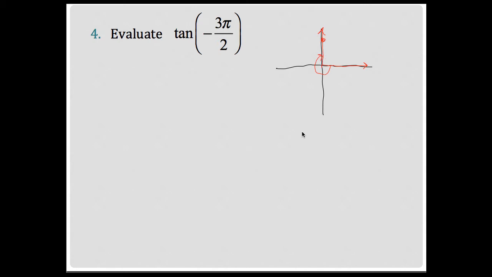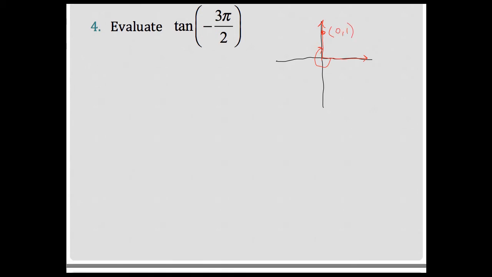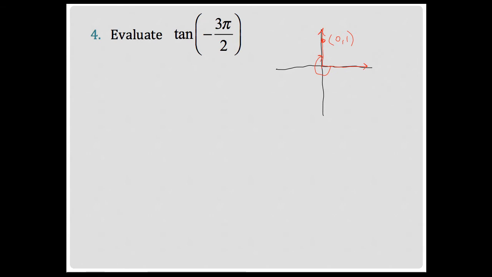When it comes to the quadrantal angles, we really don't think of those as having reference angles because it lies right on the axis. So if you just think simply of the ordered pair that would be up there on the unit circle, we know it's 0, 1. So even though it doesn't have a reference angle, we can still use that ordered pair to get our answer. All right, so it lies on the positive y-axis.